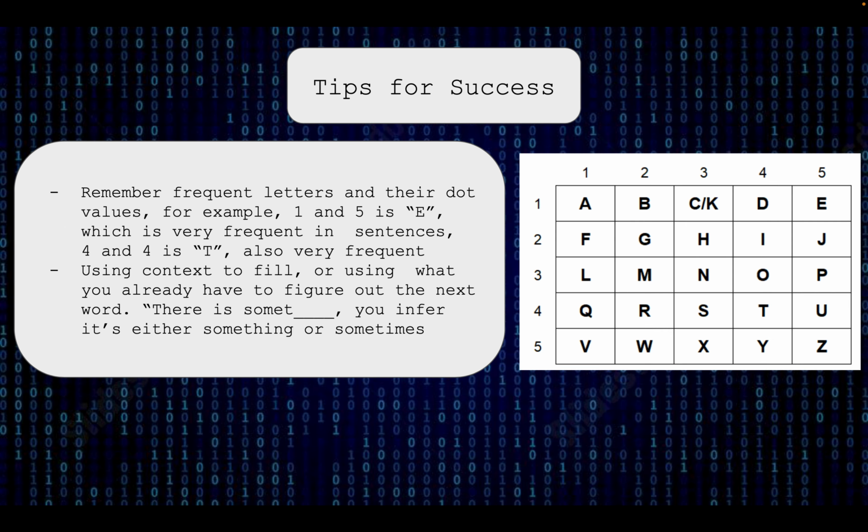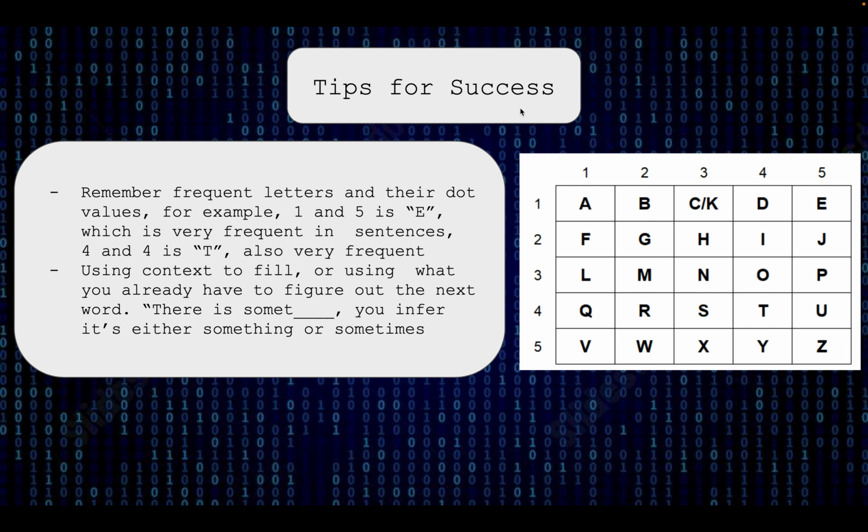A few tips for success. One tip is that you always want to remember the frequency rates. You want to know from lesson 2, the aristocrat lesson, that E, T, O, and A are very frequent letters, and you always want to look out for them. In this case, you want to remember the value of 1 and 5.